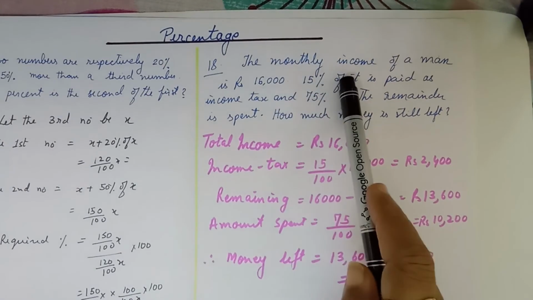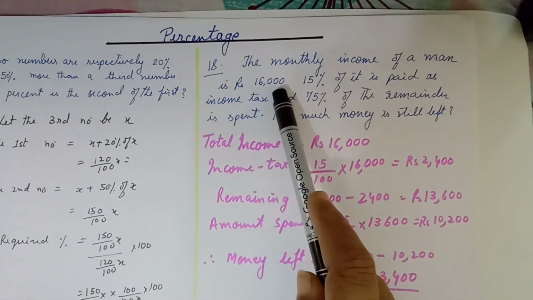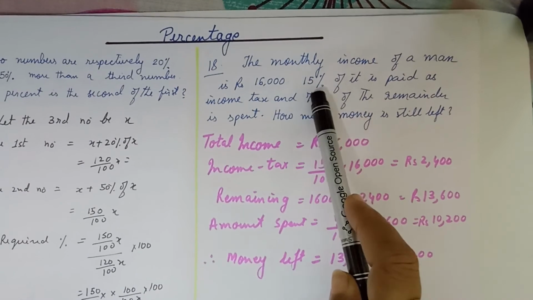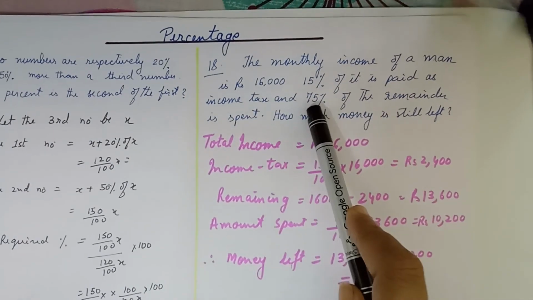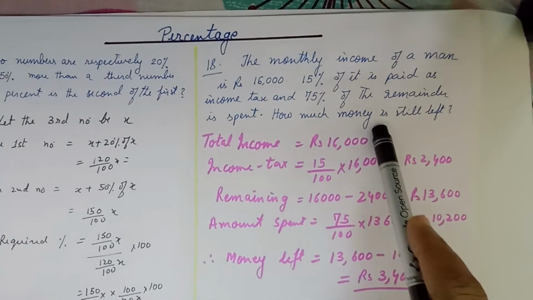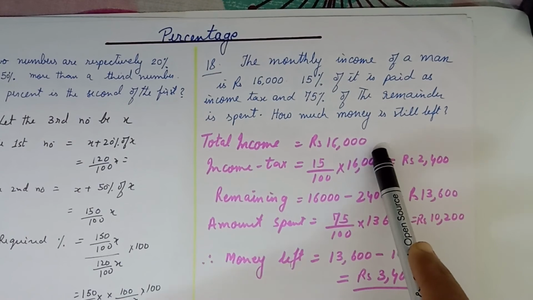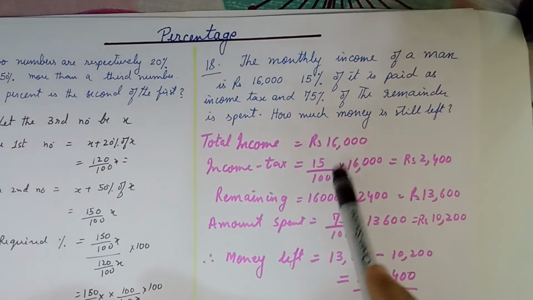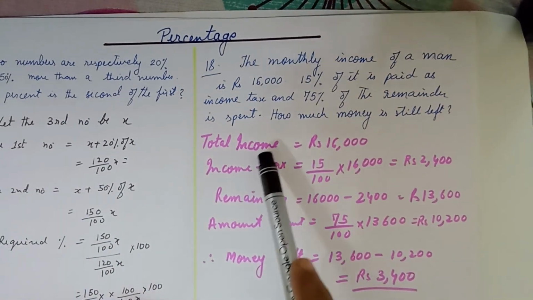The monthly income of a man is rupees 16,000. 15% of it is paid as income tax. 75% of the remaining is spent. How much money is still left? We have done a similar type of question in this particular video, so it should not be difficult for you to understand.